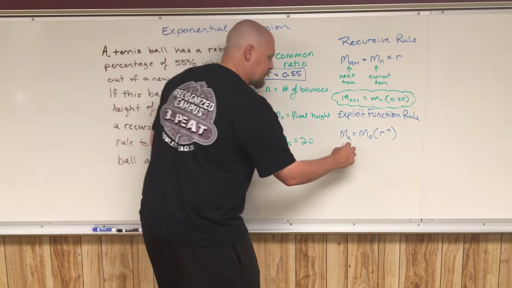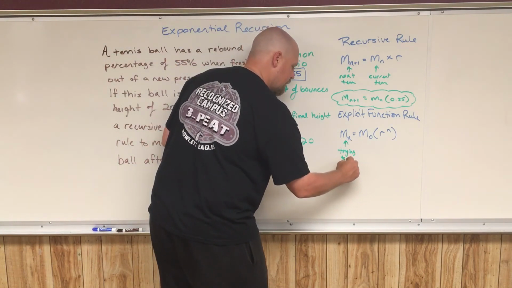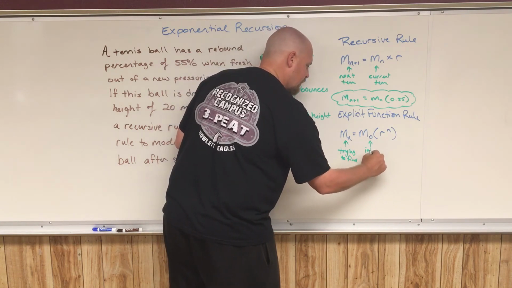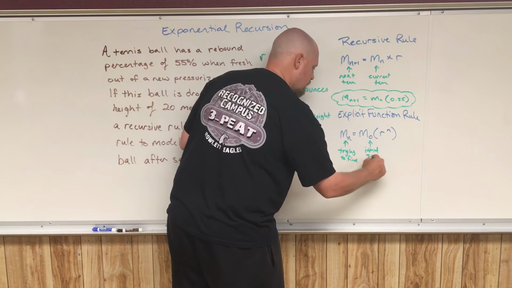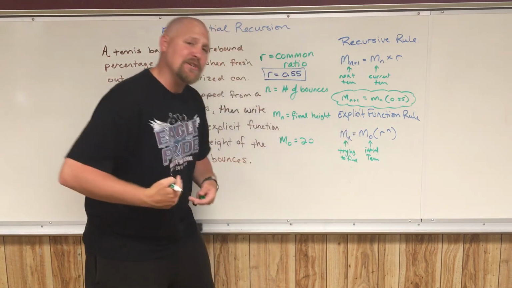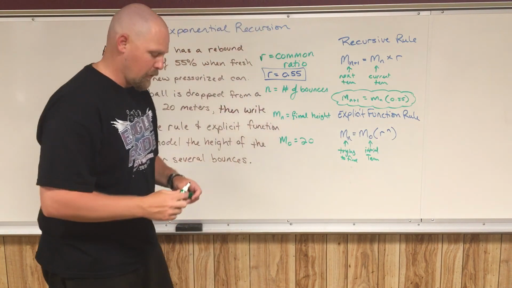The explicit function rule. This is the term we're trying to find. M sub 0 is the initial. Where do we start? M sub 0, initial. Where do we start? And r is the common ratio.